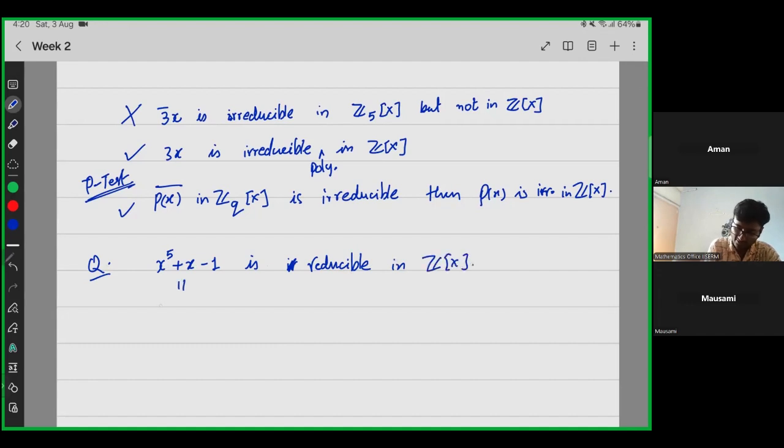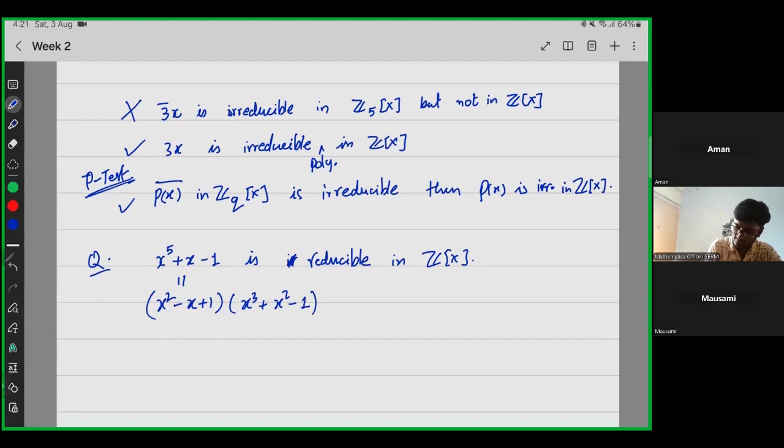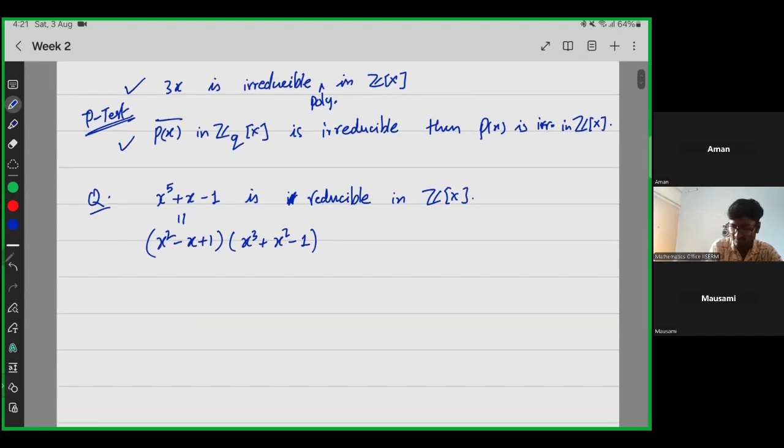That this can be written as (x^2 minus x plus 1)(x^3 plus x^2 minus 1), like this. But how to then look at it, means how to solve it.